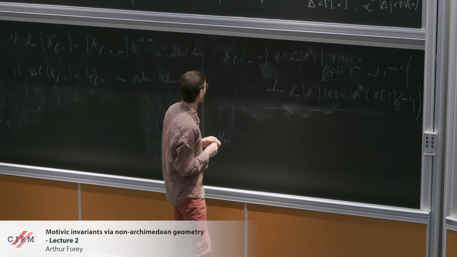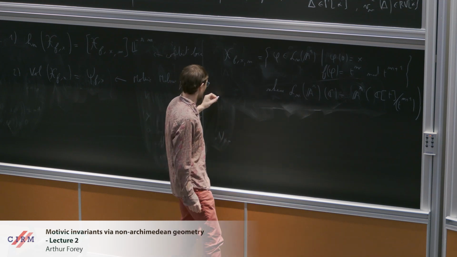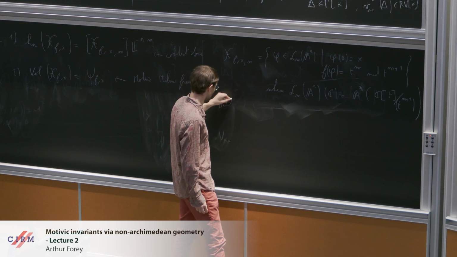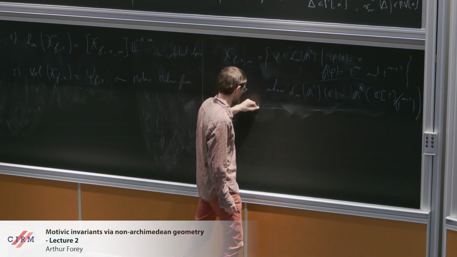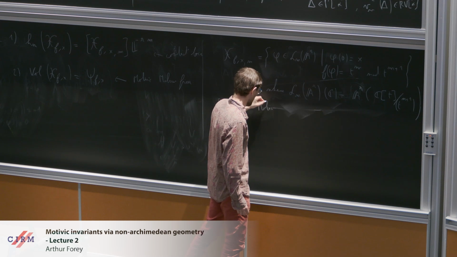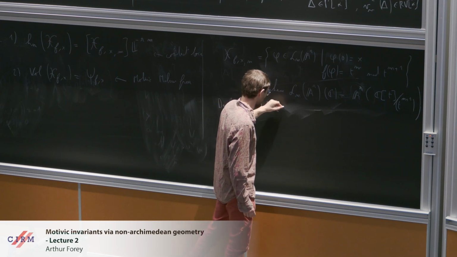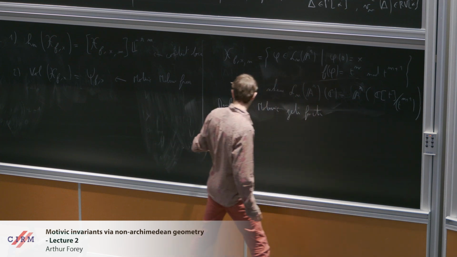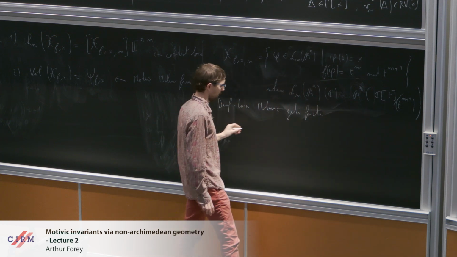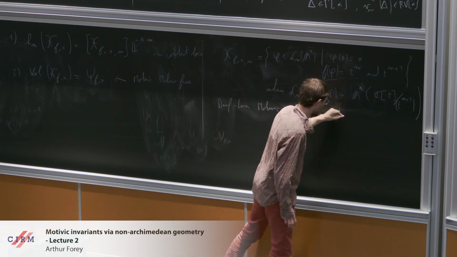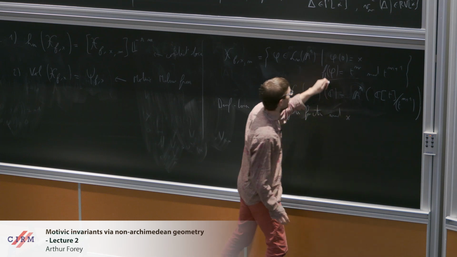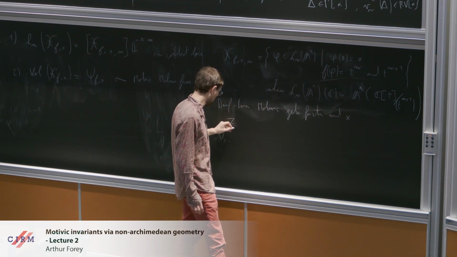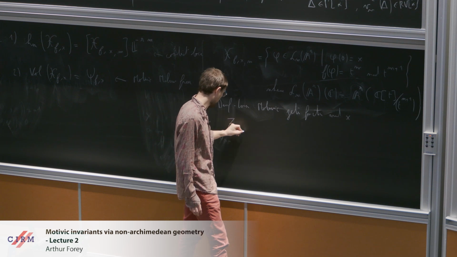So those are the contact loci, and the Denef–Loeser Motivic zeta function, at least on x. Usually you don't put this condition here, but to simplify, I just write only one function.